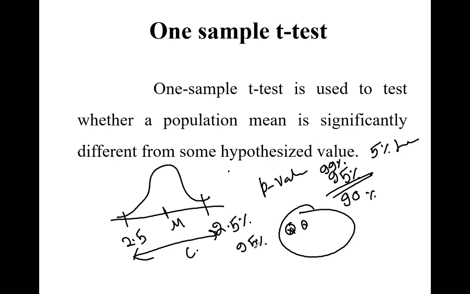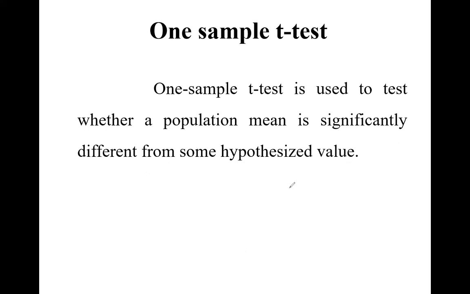So 95% of sample means will come in this range, and there is only a 5% chance, 2.5% in the lower tail and 2.5% in the upper tail, that the sample mean may fall outside. For more scientific study you can take a p value of 1%, but in social science we take a p value of 5%.